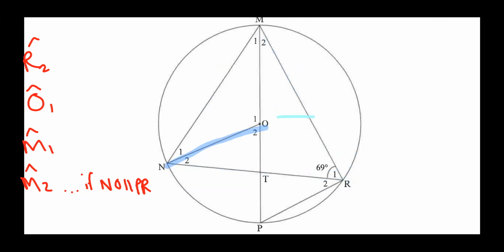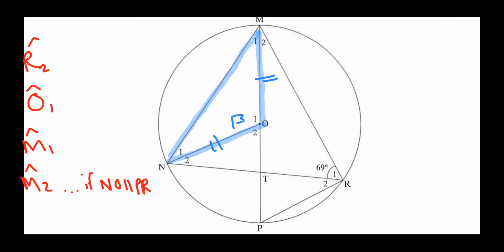All right, let's have a look at the next one. Angle M1. Now, remember they said that NO is a radius, but OM is also a radius, which means we have radii, and radii are equal. And so we are basically forming an isosceles triangle in OMN. OMN is an isosceles triangle where angle O1 is equal to 138 degrees.